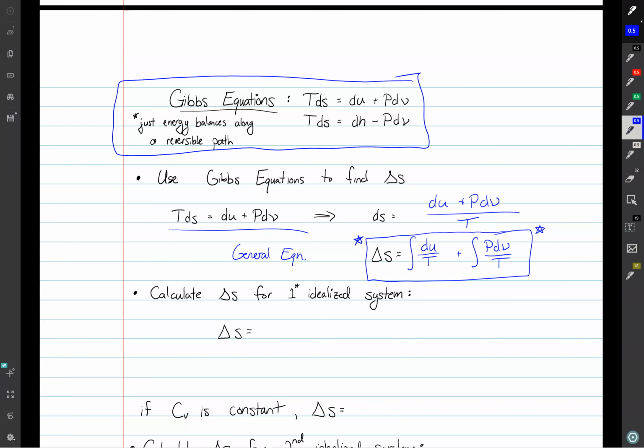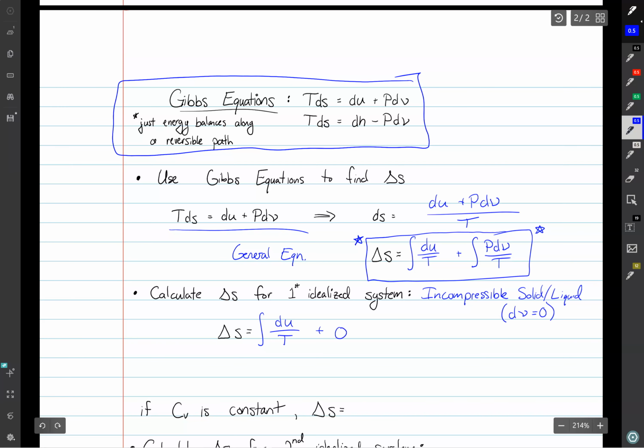The first specific case is an incompressible solid or liquid. If it's incompressible, the change in volume dV is 0. So that whole second term, P dV over T, drops out because dV is 0. So delta S becomes the integral of dU over T plus 0.